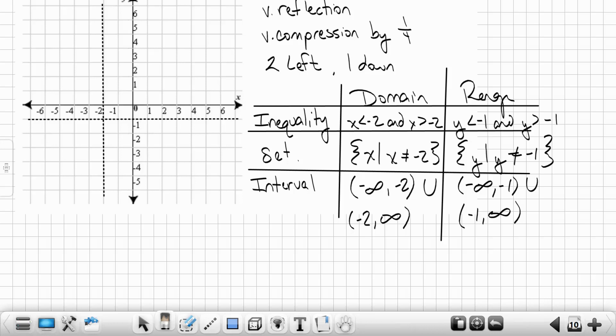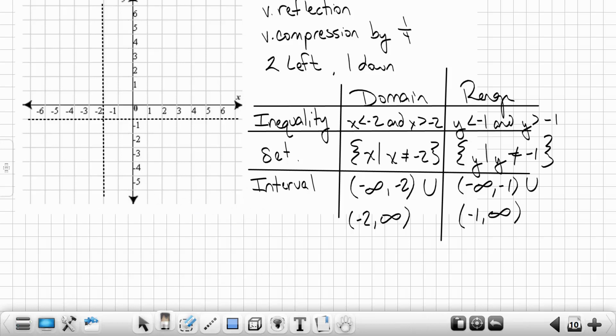So, all right, guys. Last little bit here. Let me get this in. I moved it left 2, down 1. That's where my dotted lines cross. Now, unfortunately, I've got a compression by 1/4, so it gets even tighter to that corner. So I'm only going to go up 1/4 and then over 1.